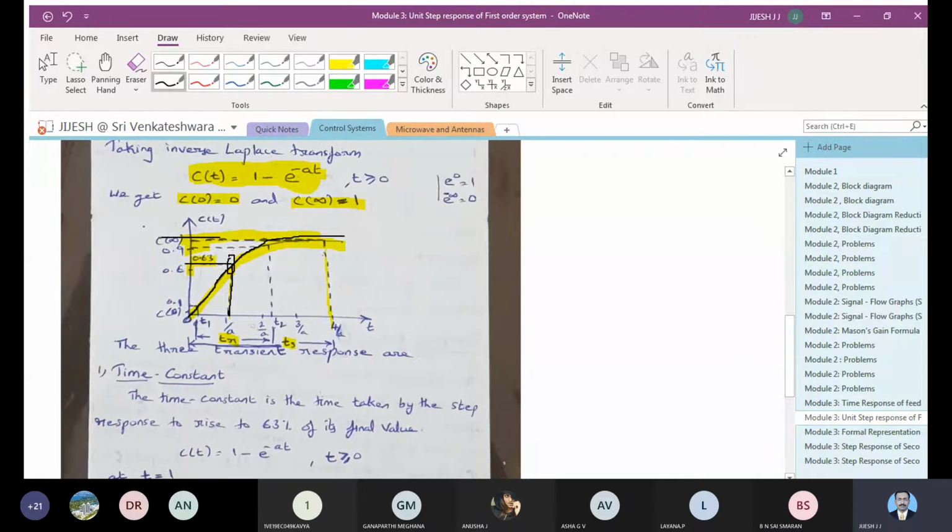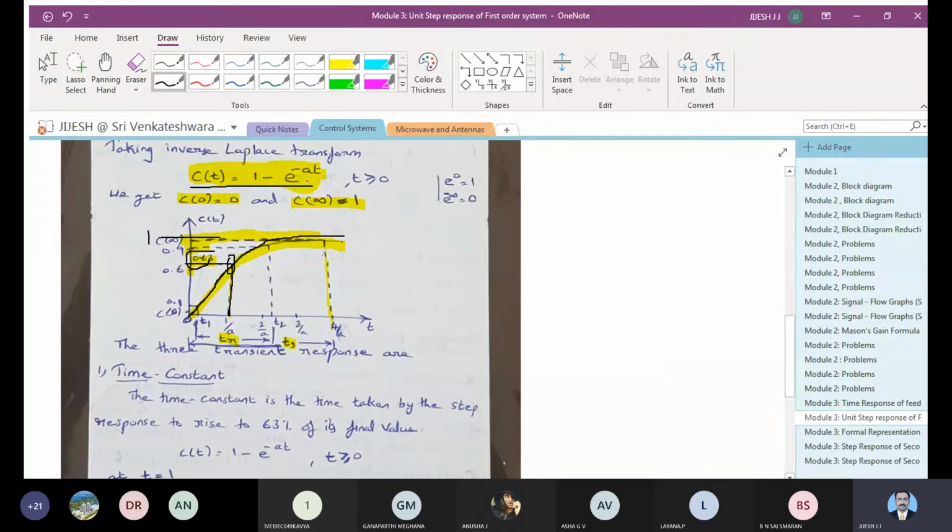Final value is how much? 1. So when it reaches 63% of the final value, you call this the time constant. The time constant is the time taken by the step response to rise to 63% of its final value.